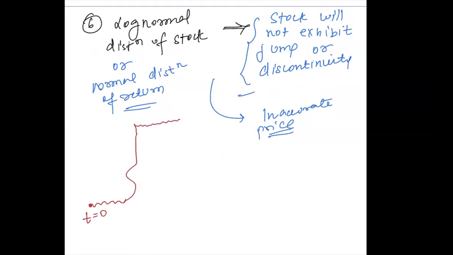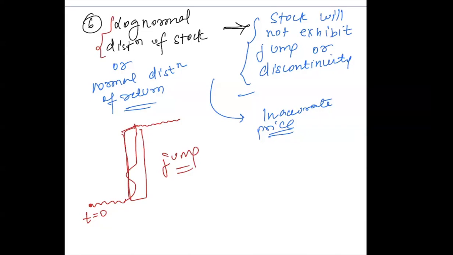This is what we consider a jump. When you take into consideration log normal distribution, it does not consider this jump part. It misses this jump part.